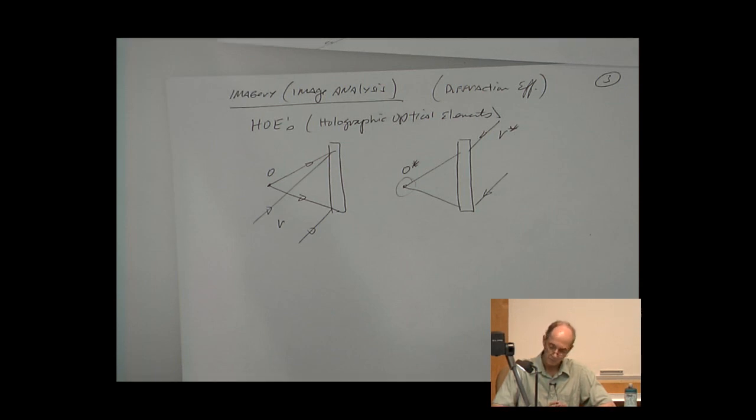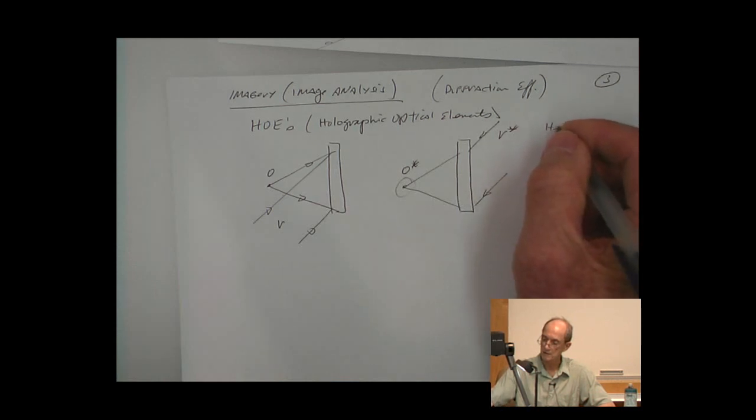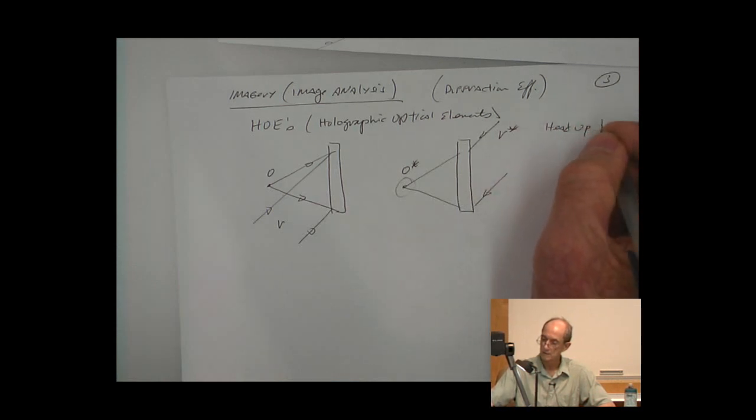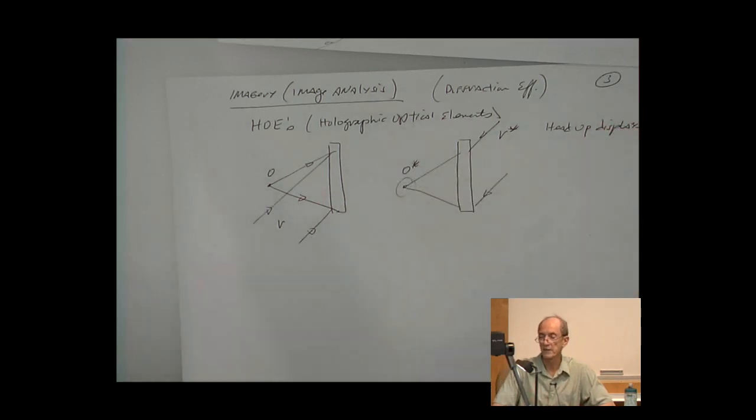And these, again, so there's a variety of applications for holographic optical elements, such as head-up displays, which have been used in aircraft, especially fighter aircraft, for probably the last 30 years or so.